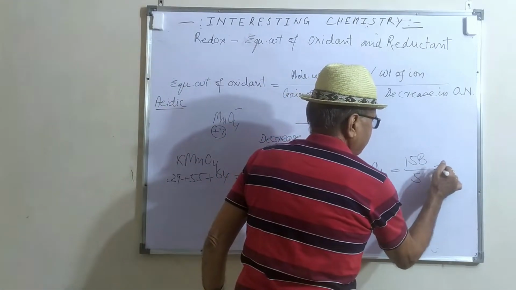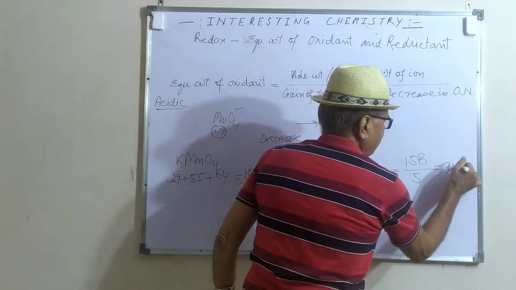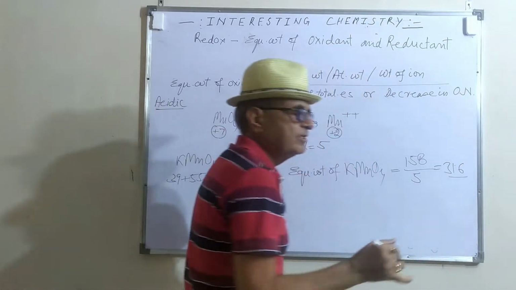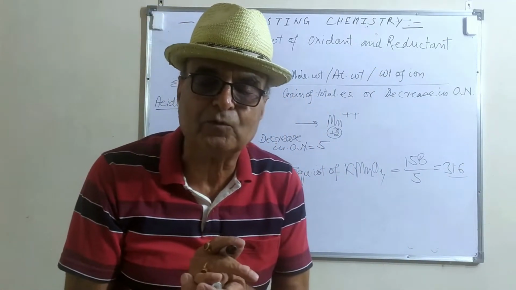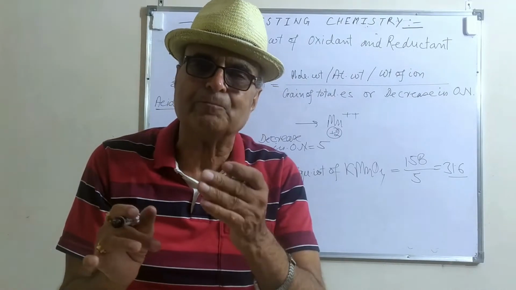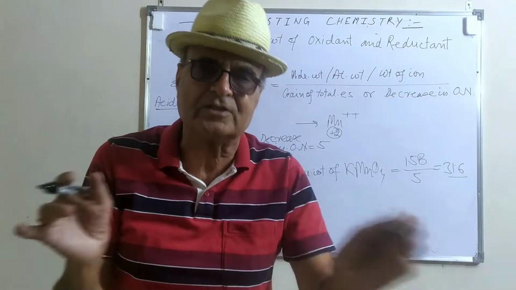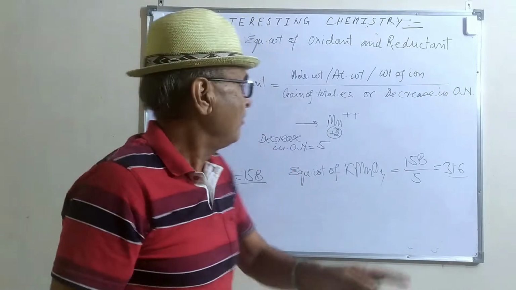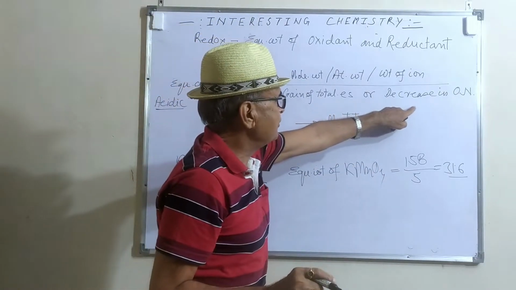So the equivalent weight of KMnO4 in acidic medium is 31.6, calculated with the decrease of oxidation number.